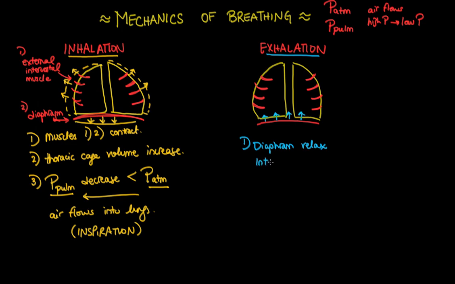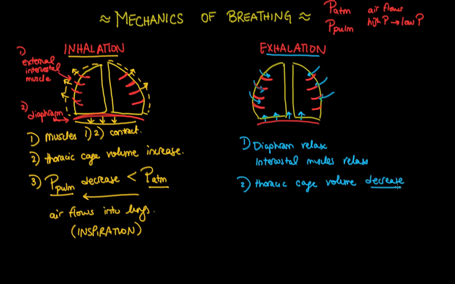The external intercostal muscles, okay, they're going to again relax, and as they relax, they're going to move the thoracic cage inwards, which means that the volume of the thoracic cage is going to decrease. Okay? So as a result, thoracic cage volume is going to decrease.